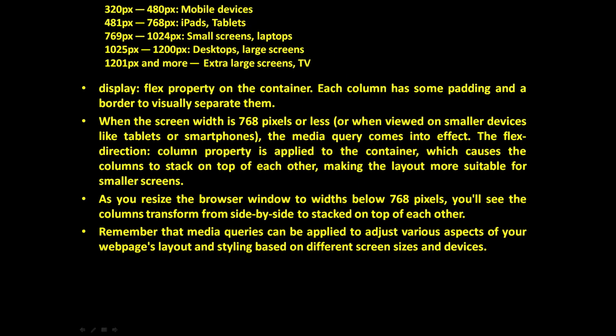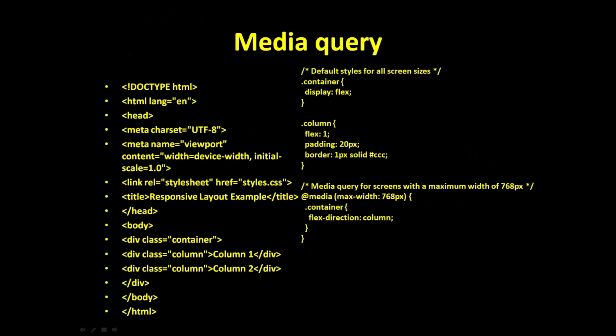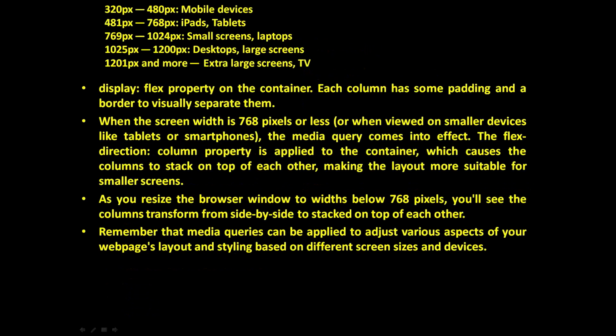If you use a media tag, it will display the maximum width of 768 pixels, and the container uses flex direction column. Here we have not applied the media tag. So these are the resolutions of the tags.